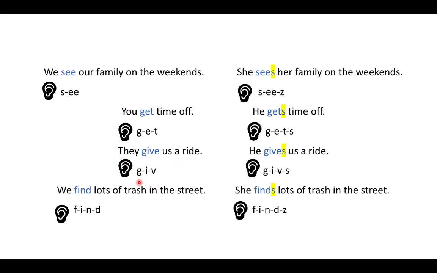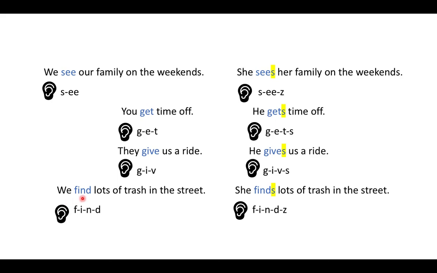This one is pronounced g-i-v, give. They give us a ride. He gives us a ride. This one needs an S because there is a he in front of it, and this is pronounced g-i-v-z, gives.